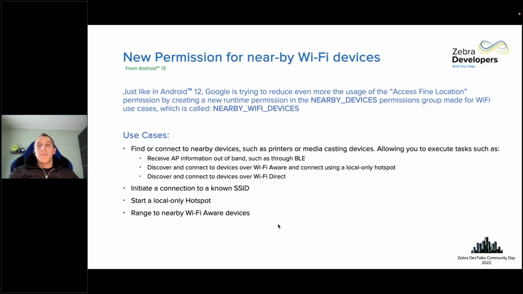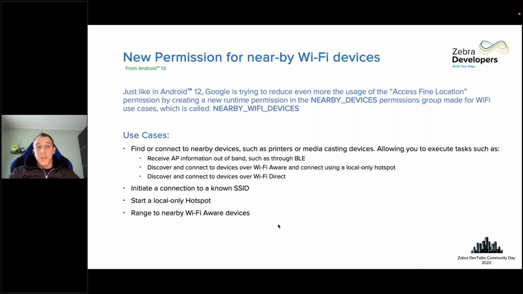This has now been limited for those cases, and a new proper permission has been created only for these usages. It is called the nearby Wi-Fi devices permission, and this permission is also going to be a runtime one, so the user will have to accept it.